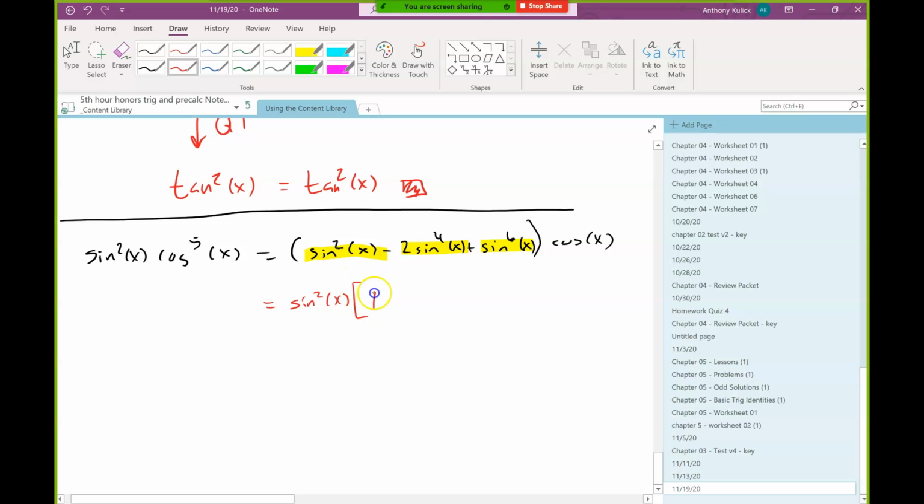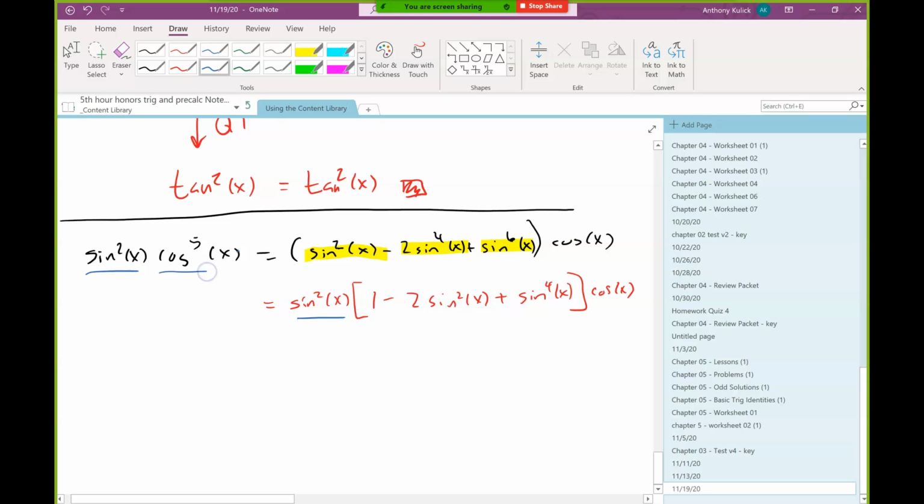So I'm going to factor that out. And that's awesome that I noticed that, because if I compare now to the left-hand side where I'm trying to get to, I notice that I have a sine squared in the left-hand side also. So I have that part.